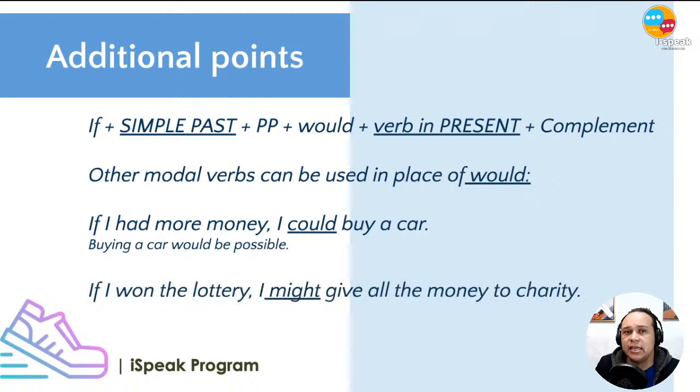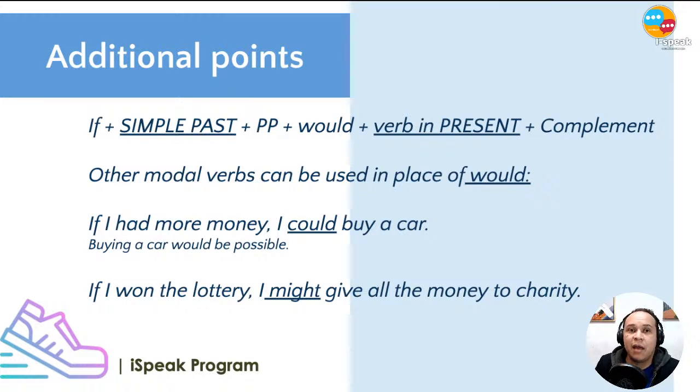Another sentence: if I won the lottery, I might give all the money to charity. What do you think? I think it's just in my imagination. This is just an example where I have to use the second conditional with might instead of would, because, being honest, I might not. That's not going to happen, I think, if I won the lottery.